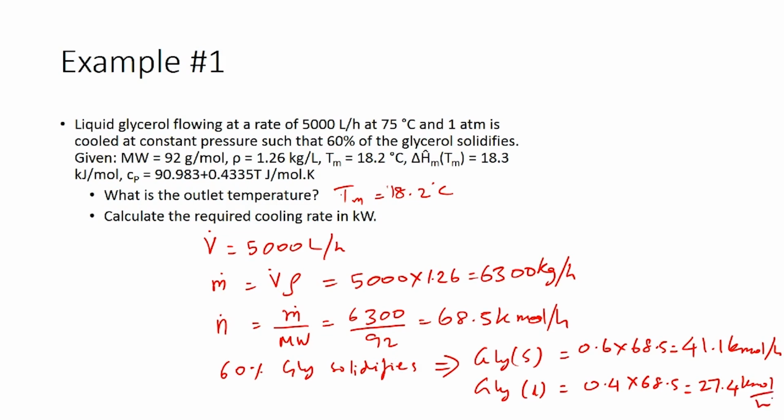So, we now have the flow rates for the inlet glycerol liquid and the outlet glycerol liquid and solid. So, with this we would be able to build the enthalpy table.